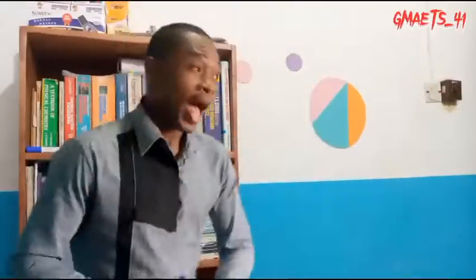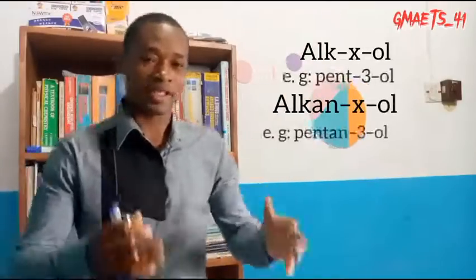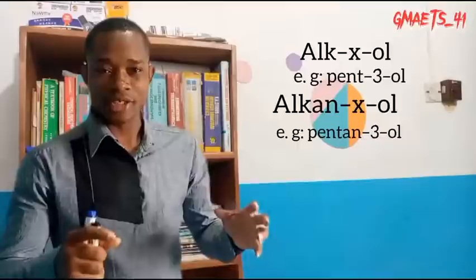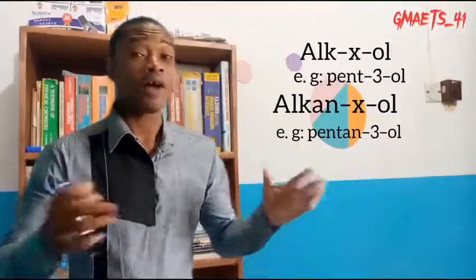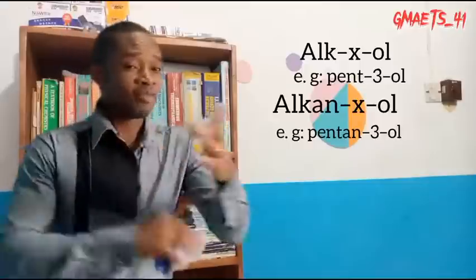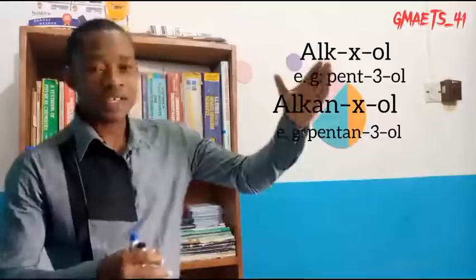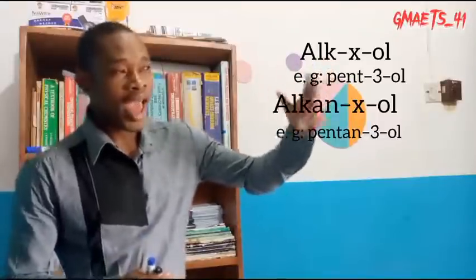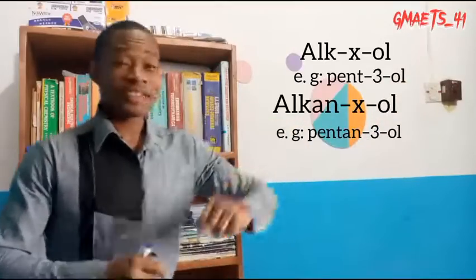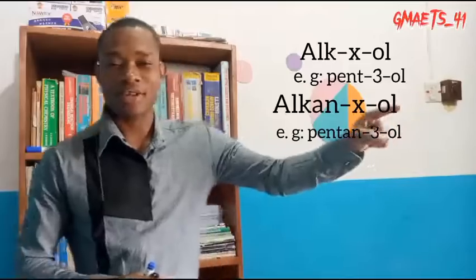Well, before we start, I'd like you to take a look at these two, because one of them is the correct pattern in which we handle the parent name of alkanols. So, in terms of breaking the prefix from the suffix, my question is, do you think it is alk-XO, or do you think it is alkan-XO?